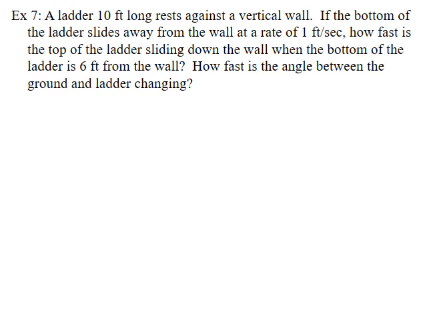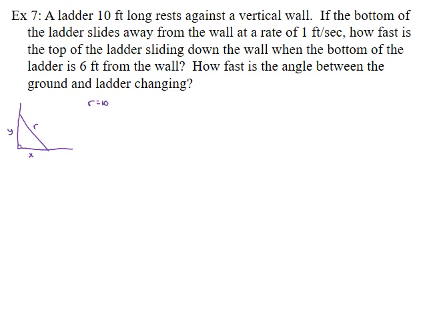So there's a lot of information, and it can be really confusing, so I'm going to draw myself a picture here. Let's assume we have a wall, and obviously there's a ground next to it. Let's say that we have a ladder leaning against the wall. You see we form that right triangle here. So we're going to once again call this x, y, and r. I know that r is 10 because the ladder, which is the r side, is 10 feet long.